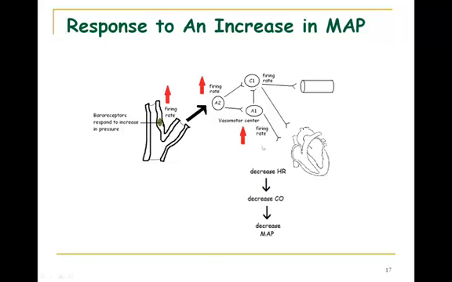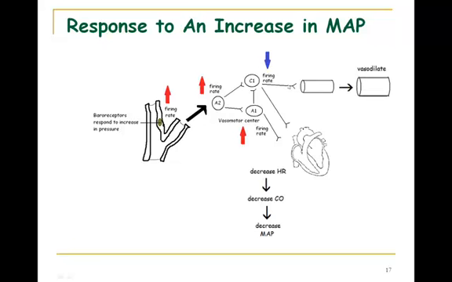In addition, besides the increased firing rate from A1, you will have an inhibition of C1 because A2 inhibits C1. Also, remember, A1 also inhibits C1. So firing from C1, which is the vasoconstrictor area, will decrease. If you have decreased firing from C1, what will that do?